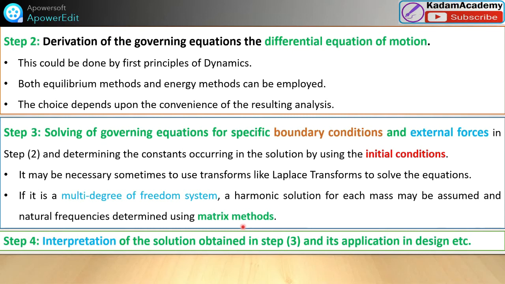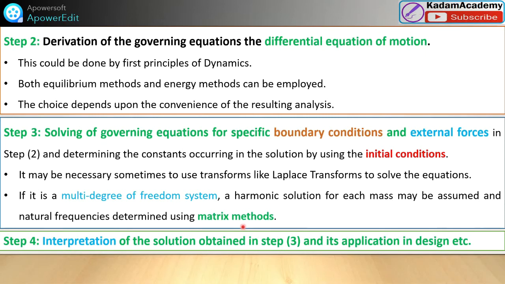The solution of the governing equation gives the displacement, the amplitude, and after that we can calculate the velocity. Similarly, we can calculate the acceleration, time period, frequency, natural frequency, different masses of the system, and the analysis of the vibrating system can be done by using the above results.